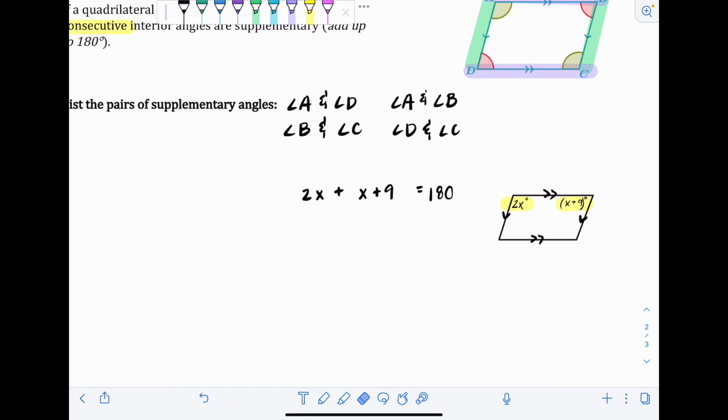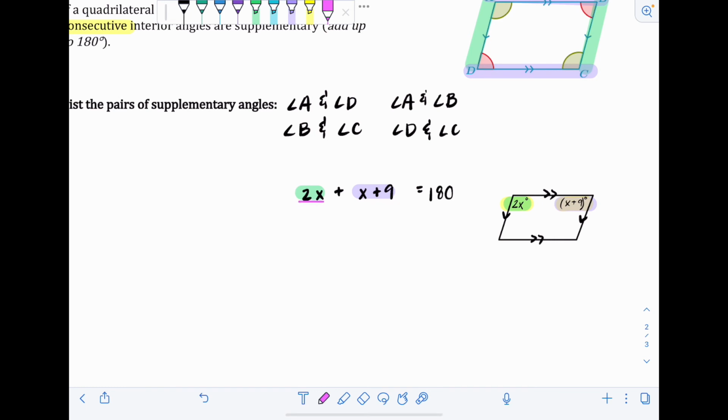So we did one angle, the 2x, plus the other angle. Those were two consecutive angles, which means they add up to 180 degrees. Now we have a one-variable equation that we can go ahead and solve. The x's are on the same side, so I don't need to use inverse operations to combine them.